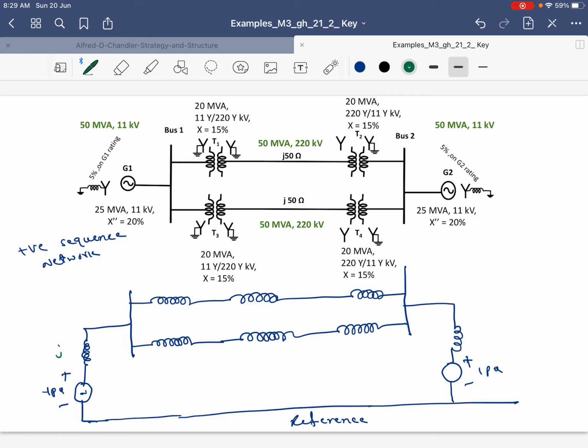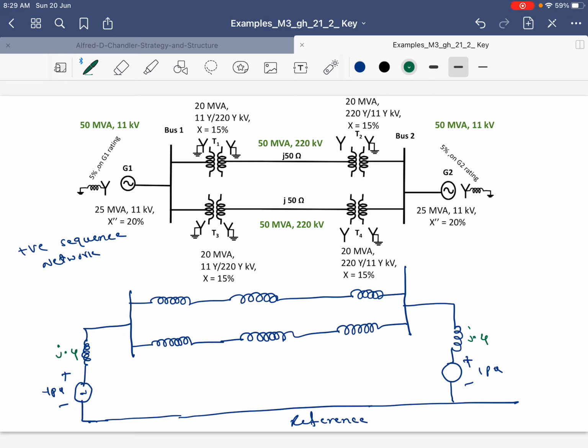Here it is J0.4 for generator 1 and generator 2. That's the positive sequence reactance.